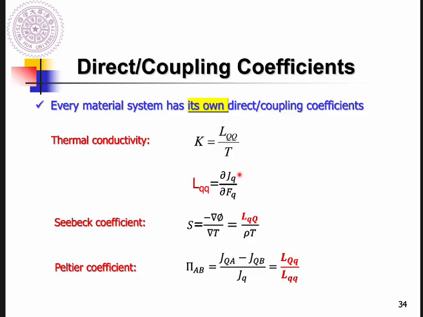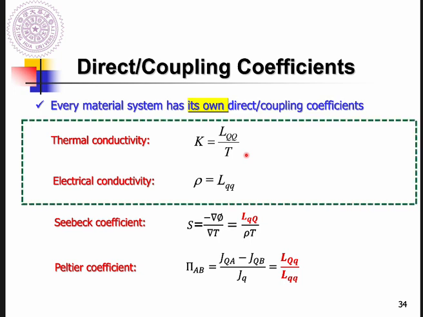If you connect different materials to the same battery, the current won't be the same, right? It depends on the electrical conductivity. So actually sigma equals L small q, and kappa equals L capital Q divided by T. I'm going to show you why by using two examples in the following two slides.